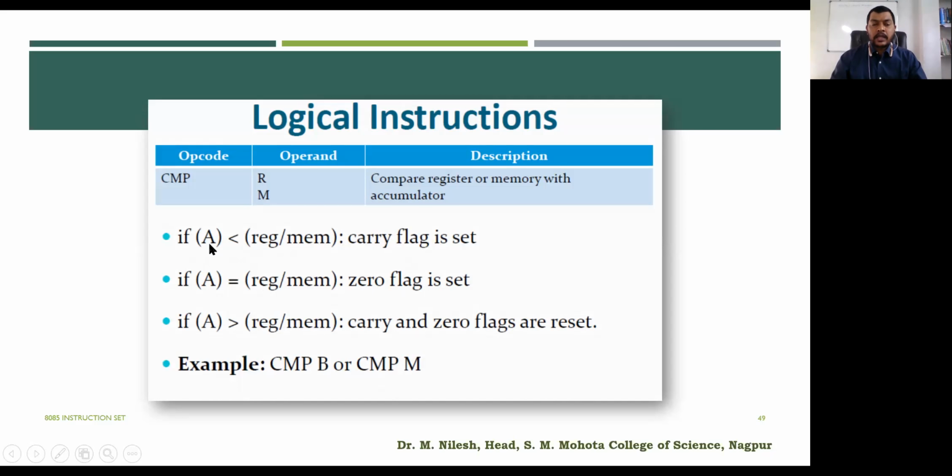If the contents of accumulator and register are equal, then the zero flag is set. If the contents of the accumulator are greater than the contents of register or memory, then the carry and zero flags are reset. Remember this. These conditions we have to use for further processing. So, compare B, compare M.